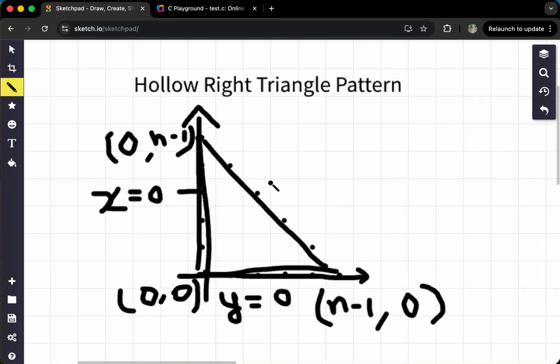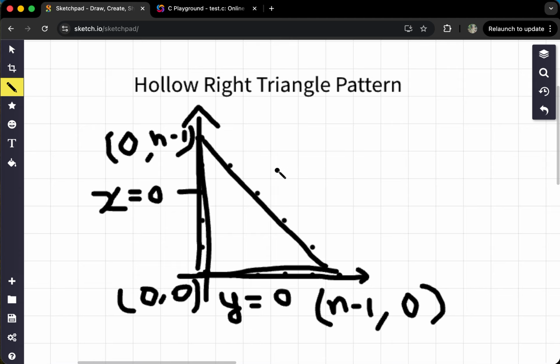Now for the third line, we can represent this line as x plus y equal to n minus 1. So you can take any point on this line. If you take this point, you have 0 plus n minus 1, which is equal to n minus 1. Similarly, if you take the other point, we have n minus 1 plus 0, which is n minus 1.